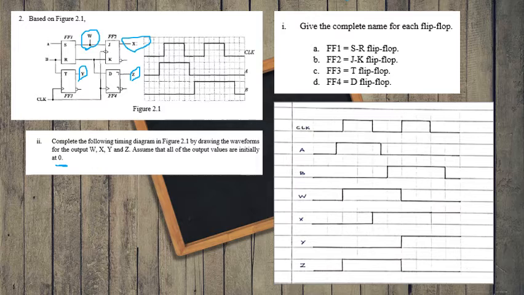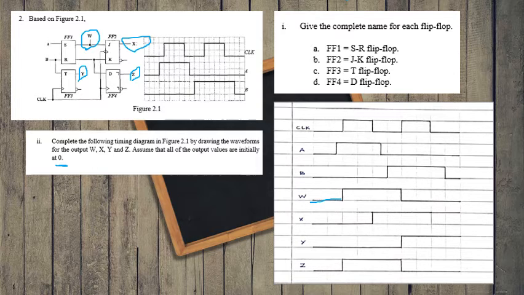If you can see, when the input A is 0 and B is 0, the output W will be 0. There is no change.